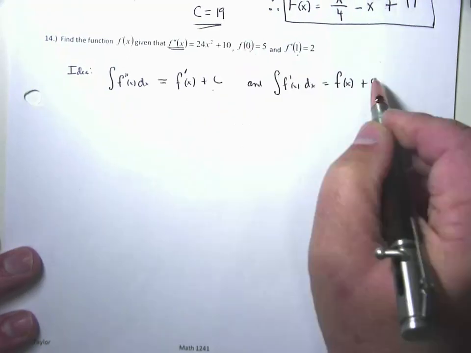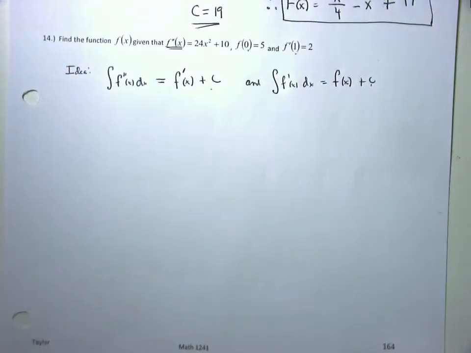And this information is going to help me figure out what the c is here. So basically what you're beginning to do is what we call double integrals. You have to integrate this twice because you have the second derivative and they want the original function back. Every time I integrate or take an antiderivative, it gets rid of one of my derivatives. So when you have a second derivative, I have to integrate it twice to get the original function back.